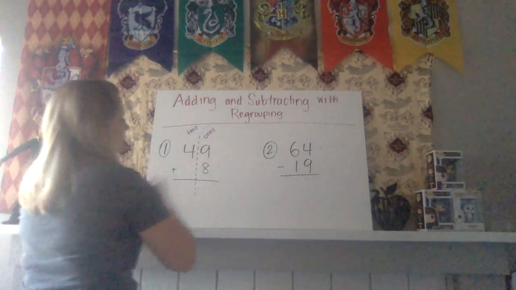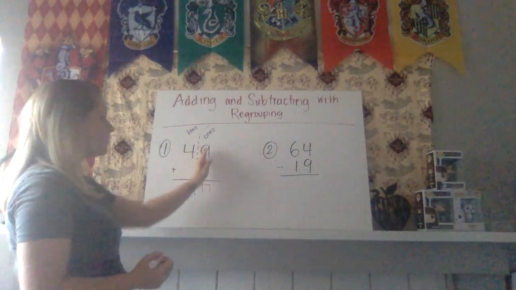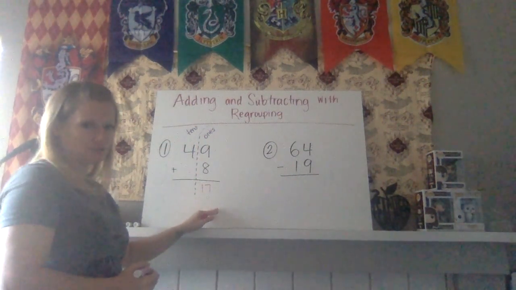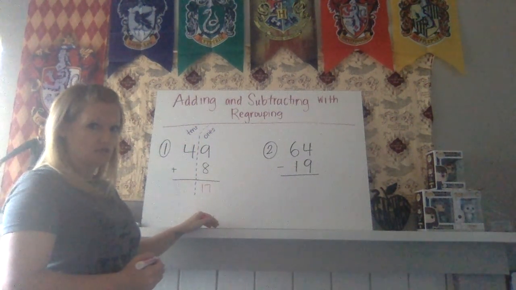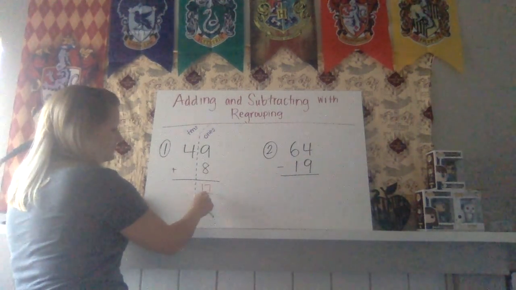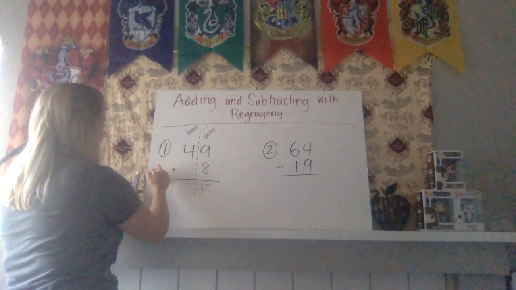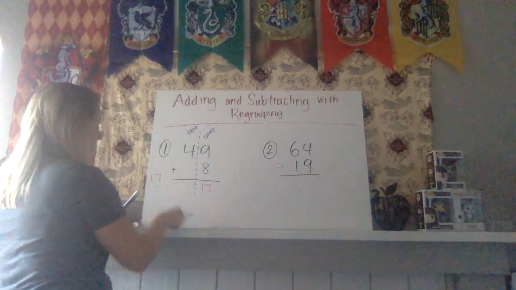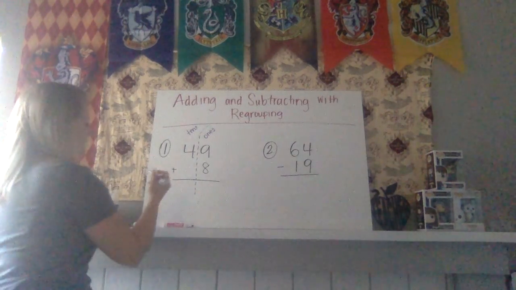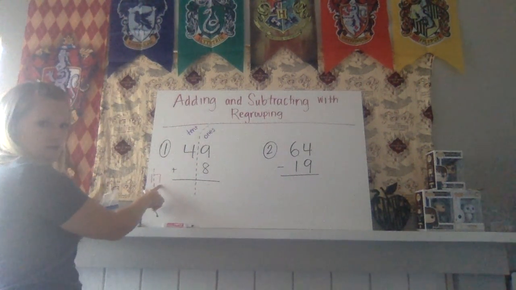But I can't write 17 here because there's only one digit that's allowed to be in each place value. Okay? So what that means is we are going to leave the 7, because we're talking about place value. Our 7 is in the ones column.